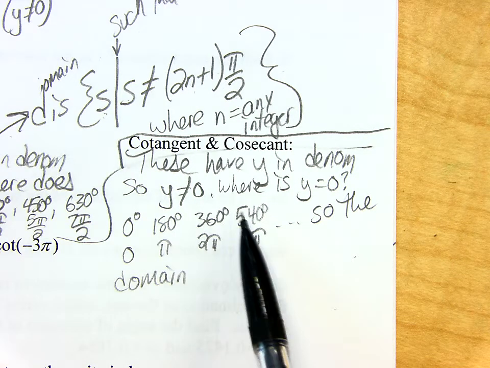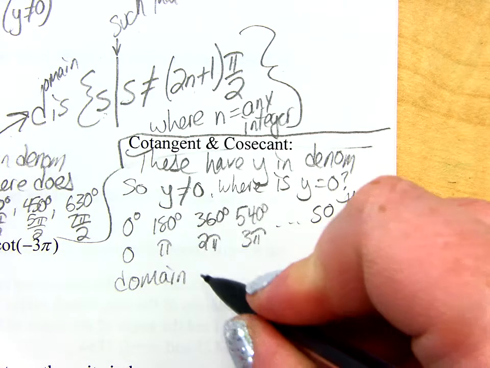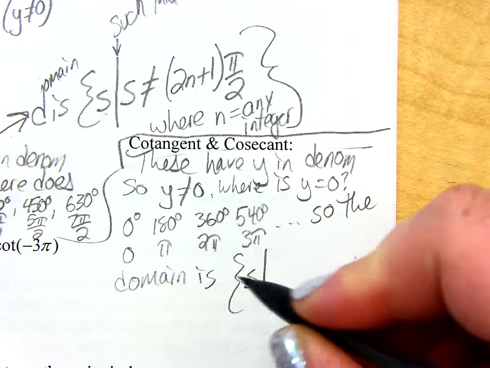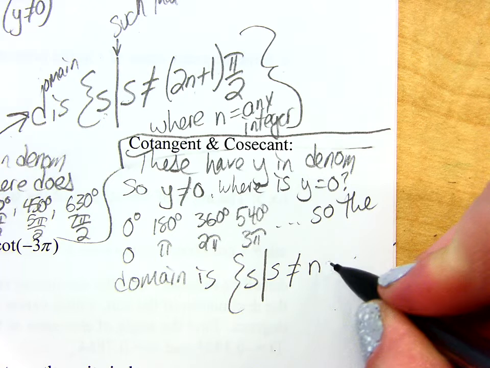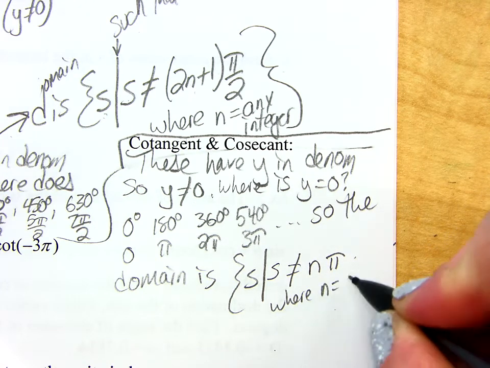You're just adding 180 every time. So the domain is any s we want as long as s does not equal n times pi, where n is any integer.